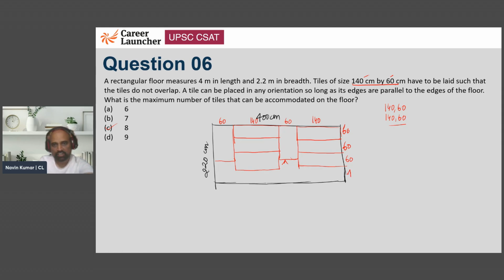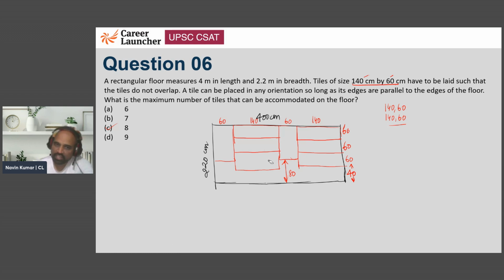So this is a mere 40, right? So I can't put any brick there. This is 140, so 220 minus 140 is 80. So I can't place any brick there. If I place 60, then 140 is the length required. I cannot do that. So this is overall 8.